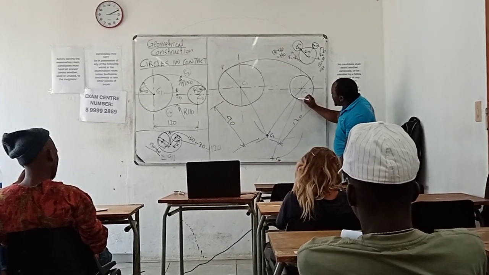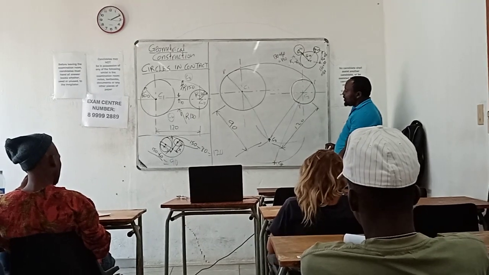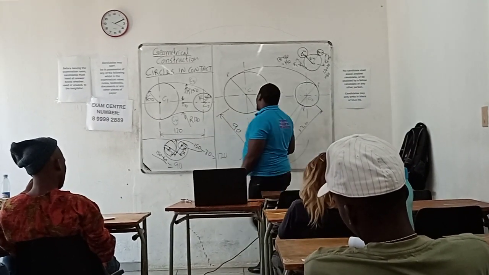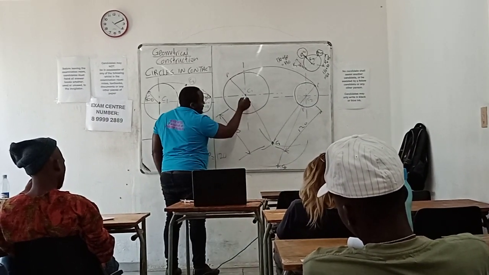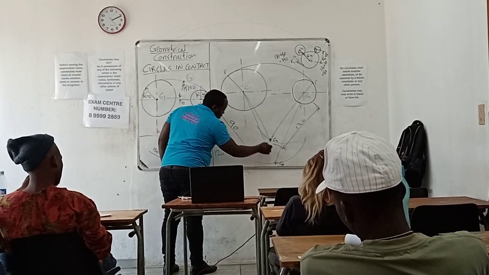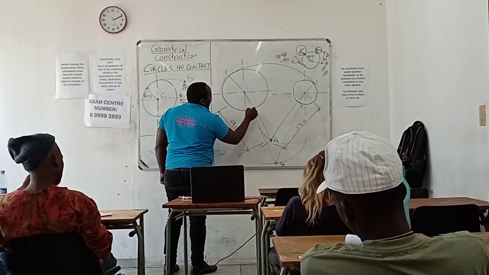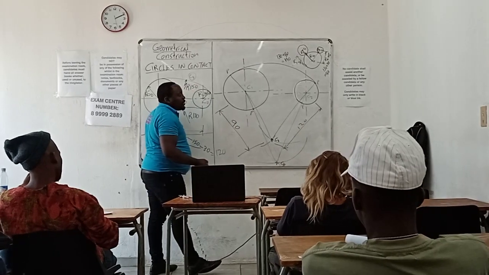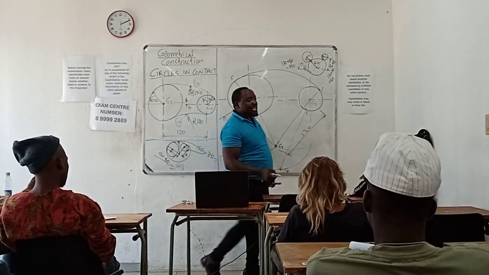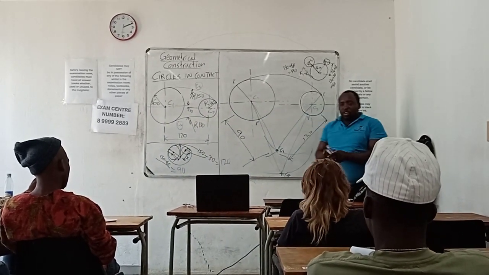Where it cuts there is your point. I'll draw a line from center 1 to center 4. Where it cuts there, it's your point. Then you open 130, check if it's correct.